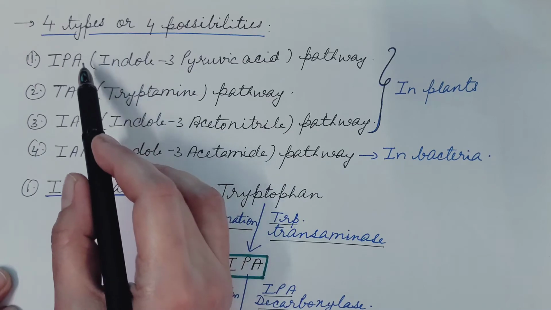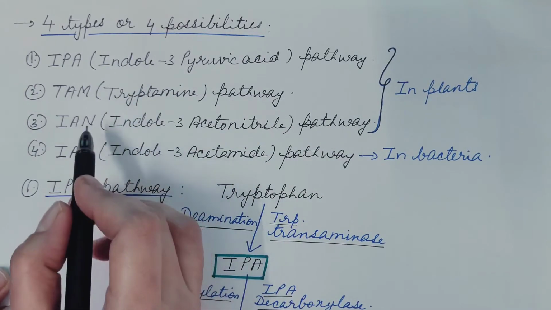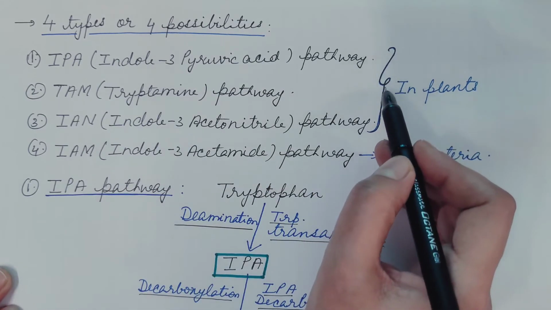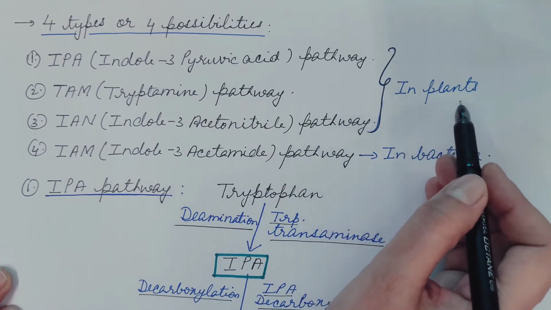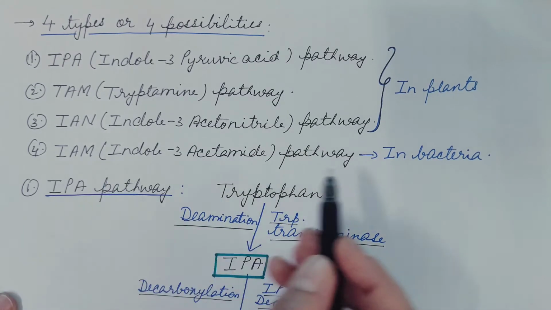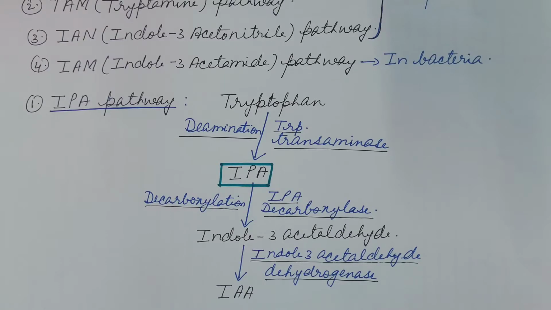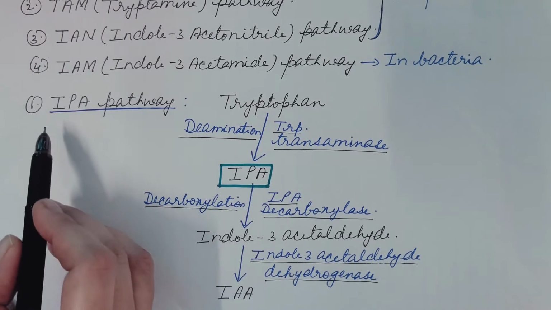Of these, the first 3 pathways, IPA, TAM and IAN, are used in plants. But the IAM pathway is used in bacteria, for example Agrobacterium. Now let us discuss these pathways in detail one by one.